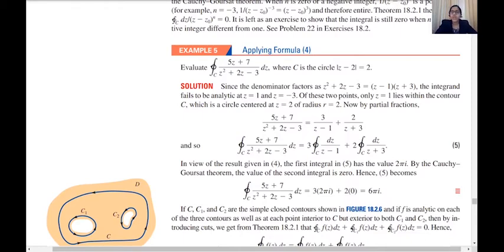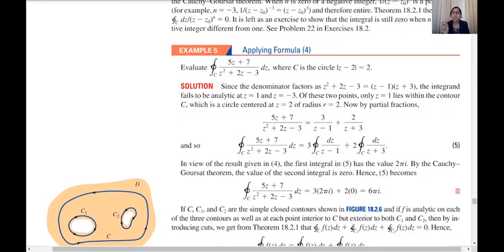So z = 1 and z = −3 are points where the function fails to be analytic. Now does z = 1 lie in the circle given to us? Imagine a circle with center 2 and radius 2. Clearly z = 1 is a point in that. And is z = −3 a point in it?